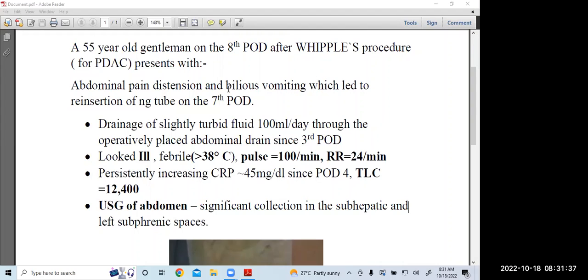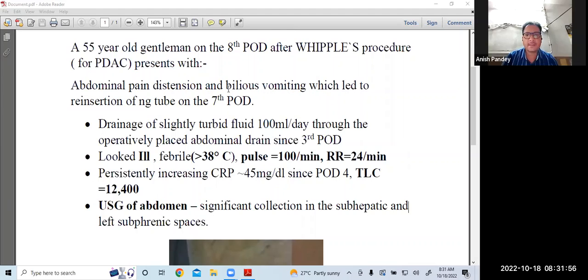So in this context, may I ask you, suppose you are getting a pancreatic head malignancy and another patient of periampullary carcinoma, where will the chances be more of pancreatic fistula development?